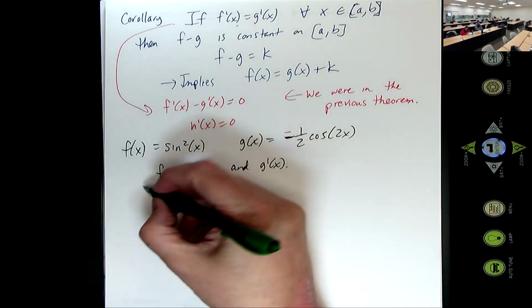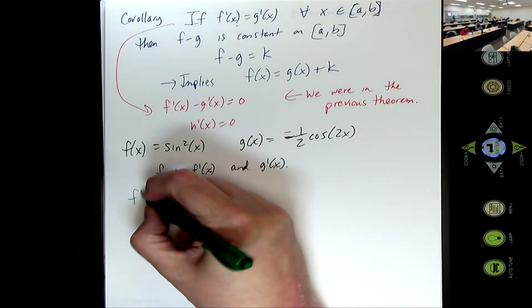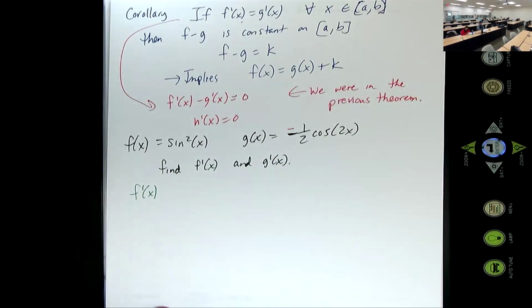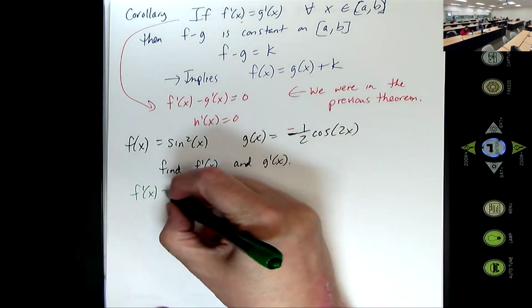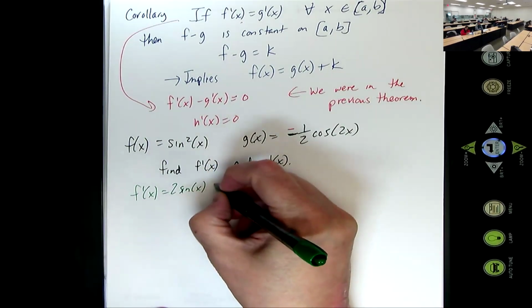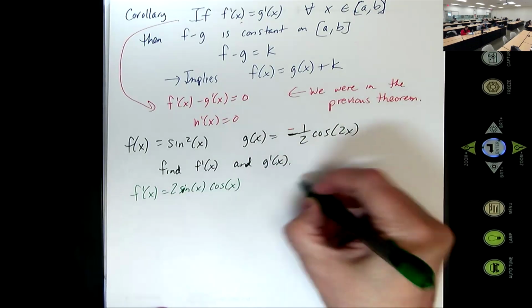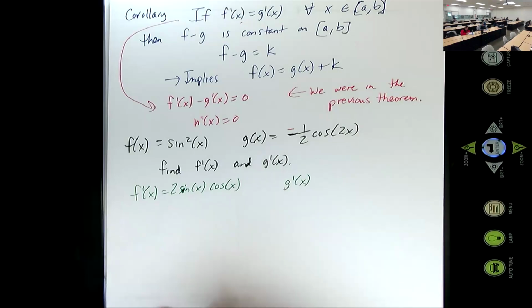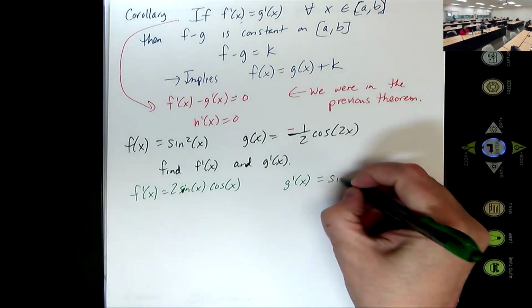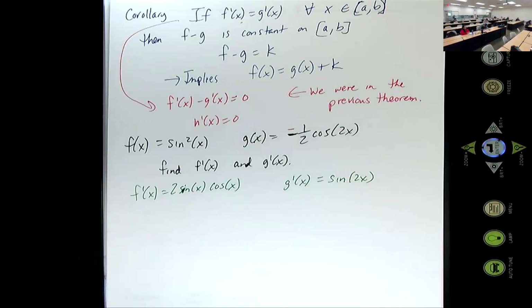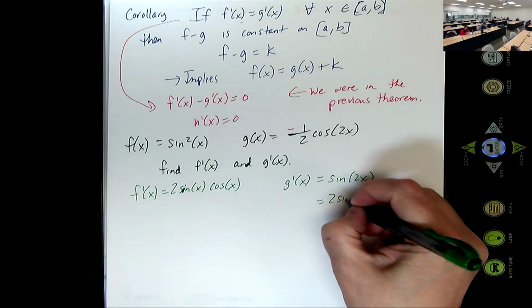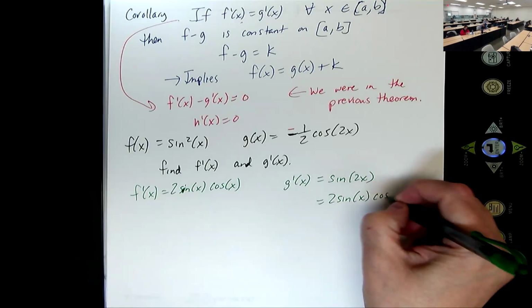So what's the derivative of f of x? It's 2 sine x cosine x. And what's the derivative of g? Just sine 2x, right? But sine of 2x is 2 sine x cosine x.